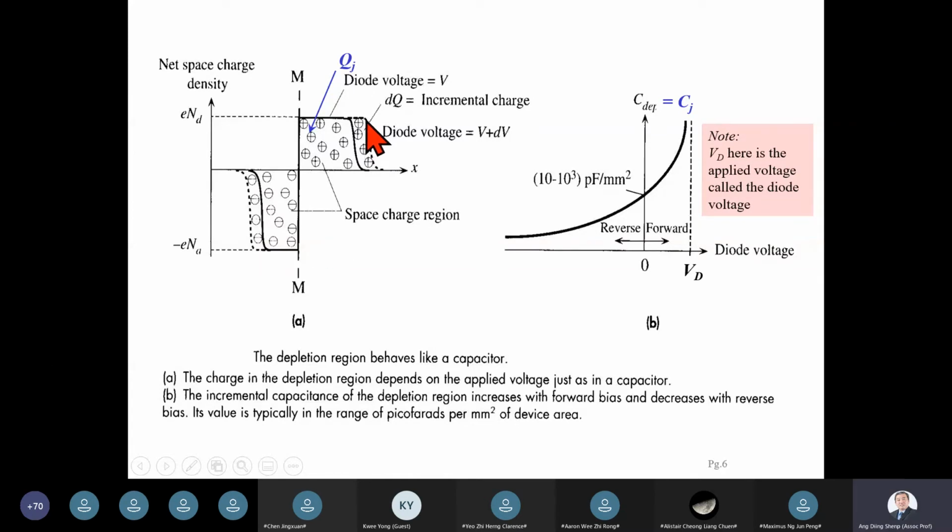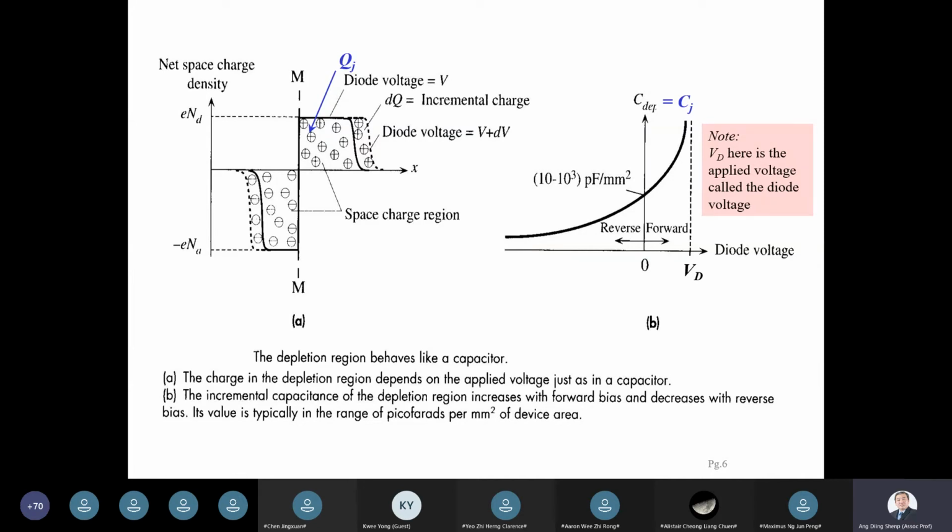So it is as though there are two parallel plates, one positive and the other negative, separated by a distance of W. With this, it's easy to see why the expression for CJ corresponds to that of the parallel plate capacitor. But although this is identical to the parallel plate capacitor, there are differences as well.